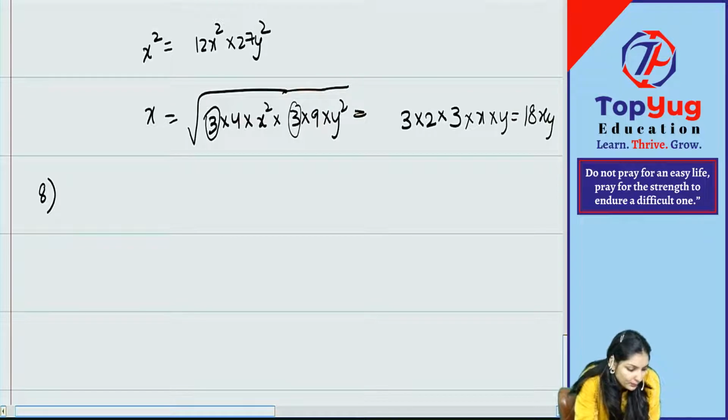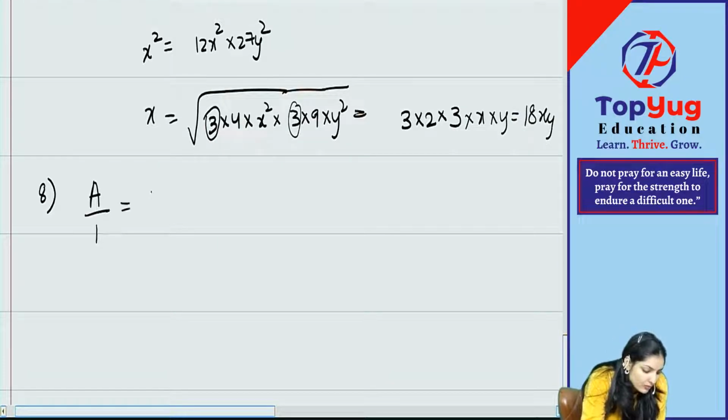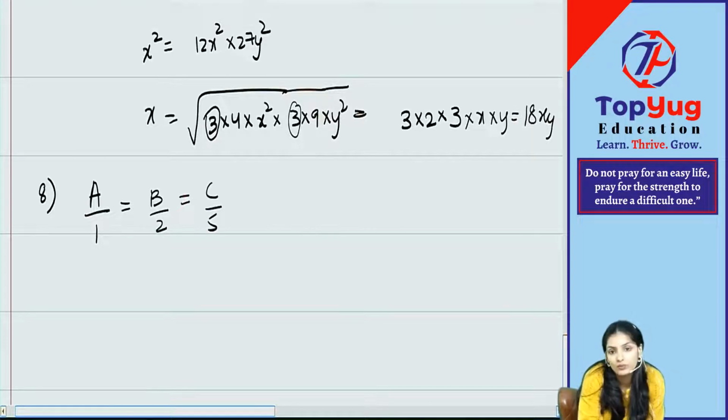Now eighth one. This is nice. This is a simple trick we use basically. A by 1, B by 2, C by 5. So the trick over here is they are asking you to calculate ABC.